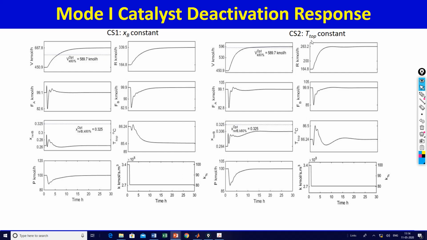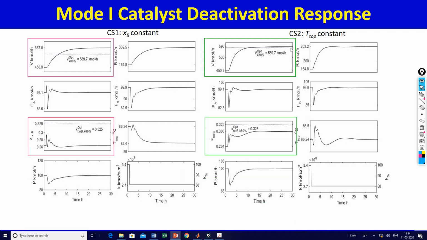On the other hand, if you are holding T-top constant, the boil up at which you end up is only very slightly above the optimum. So you are nearly optimum when you are holding T-top constant.